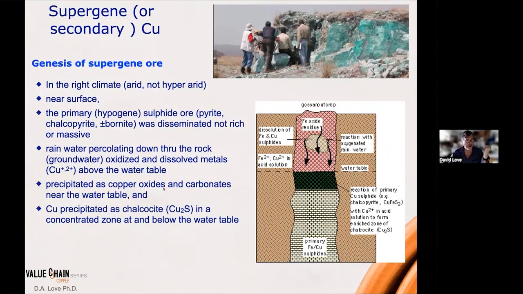As the groundwater leaches downwards, it reaches the water table and precipitates copper as copper sulfides and copper carbonates near the water table, and as the copper sulfide chalcocite in a concentrated zone at or below the water table. So the copper is leached from a large volume of rock, transported down in groundwater, and concentrated in a smaller, richer volume of rock, the blanket of supergene ore.